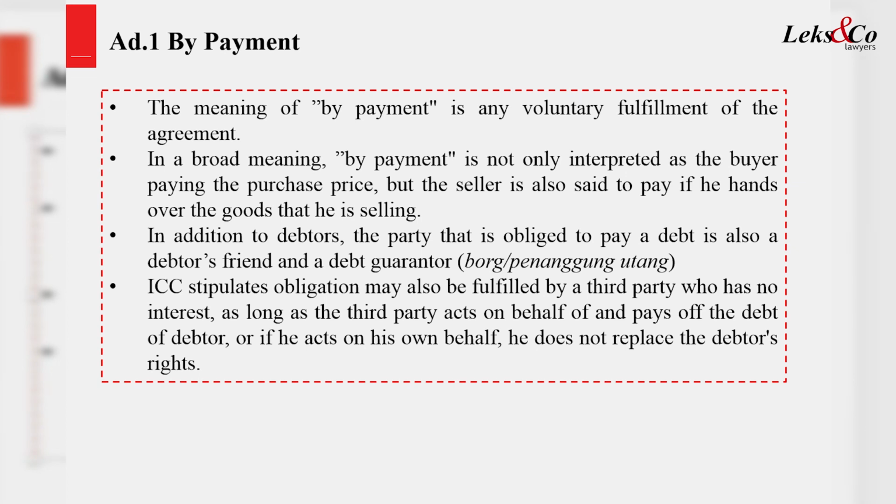It may involve payment of money, or it may involve just a performance or a delivery of goods or doing something or not doing something. That is your payment. In addition to debtors, the party that is obliged to pay a debt is also a debtor's friend and a debt guarantor.